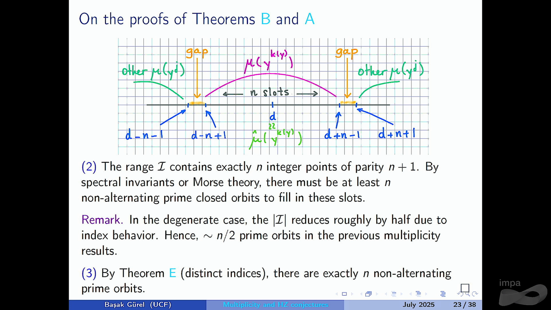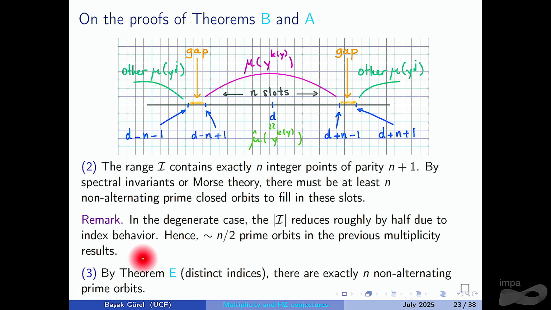And one thing I forgot to say is that the index recurrence theorem allows you to pick this d, the shift amount, to be even, with all these iterations even, and using this you can also argue immediately that these orbits must be non-alternating, because even iterations of alternating ones will give you zero equivariant homology.